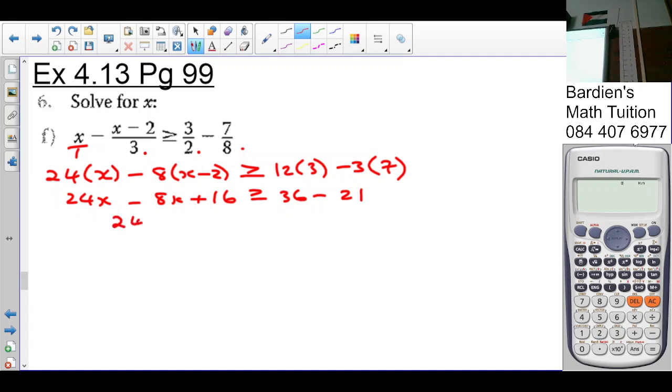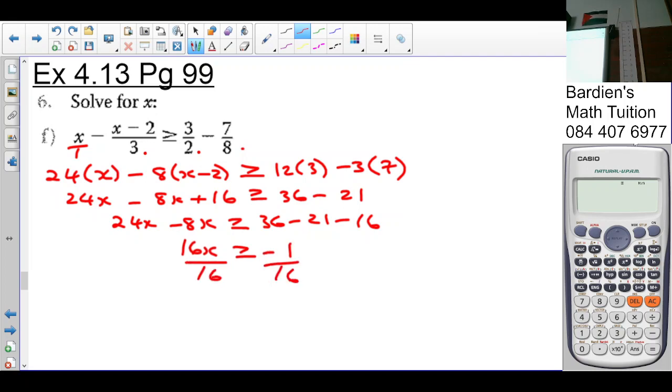So it's 24x minus 8x, greater or equal to 36 minus 21 minus 16. That's going to give us? 16x greater or equal to minus 1. Divide by 16 both sides. Does the inequality swap? No. So x is more than or equal to minus 1 over 16. Is that correct? Yes.